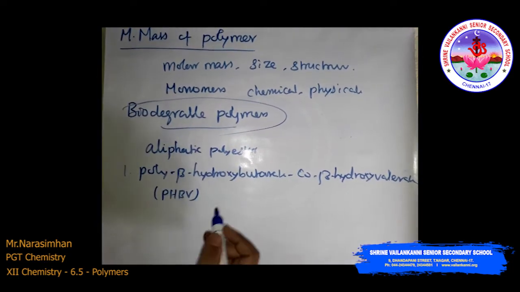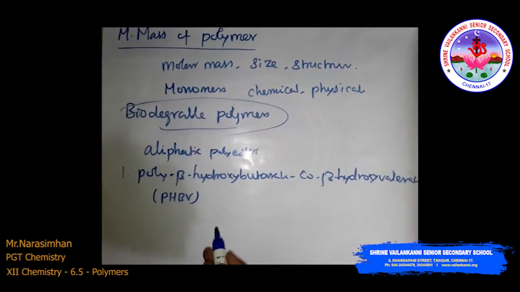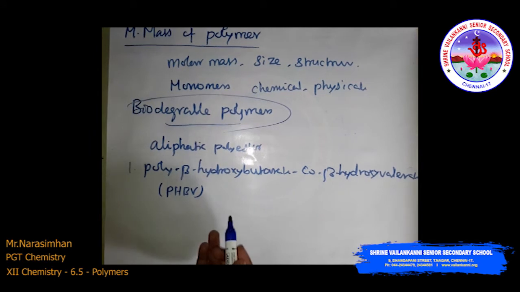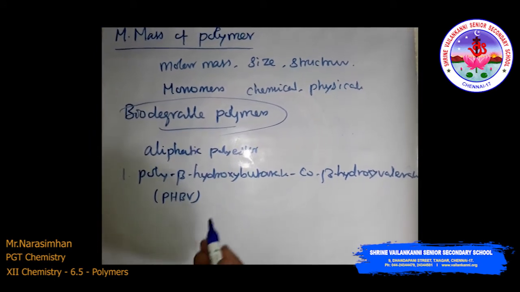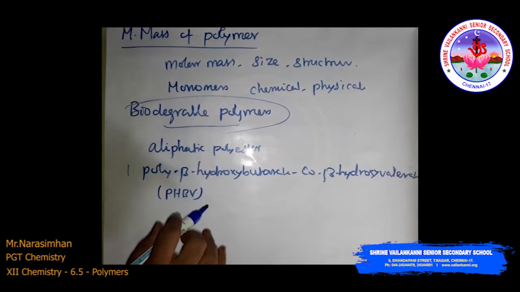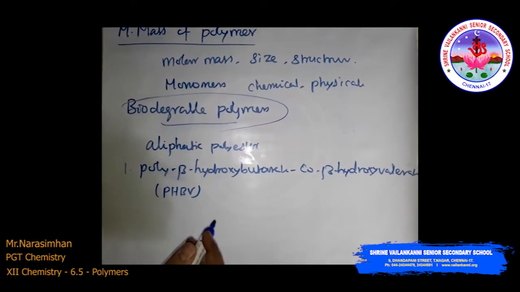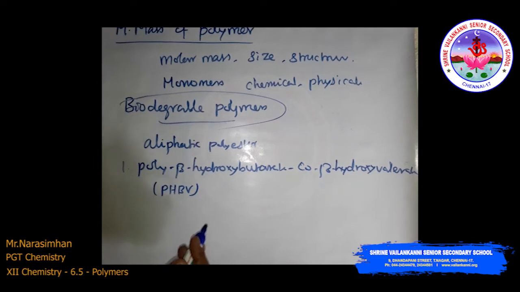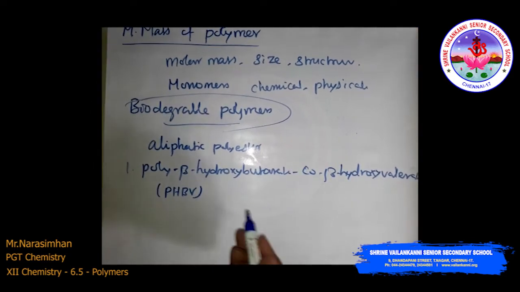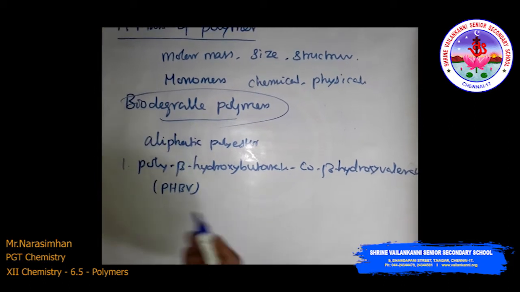This is a biodegradable polymer obtained by the co-polymerization of 3-hydroxybutanoic acid and 3-hydroxypentanoic acid. It is specially used for packaging, orthopedic devices and controlled release of drugs. PHBV undergoes bacterial degradation in the environment.